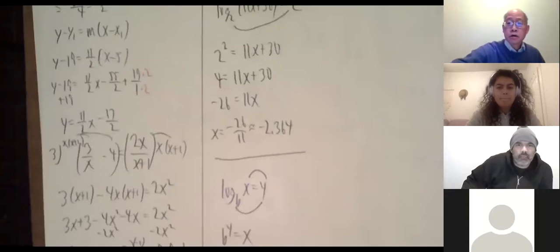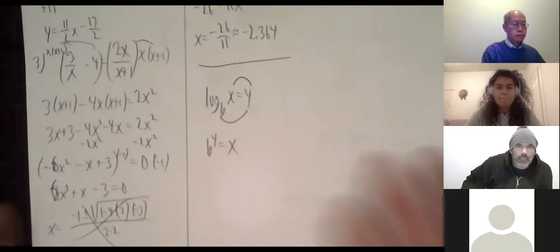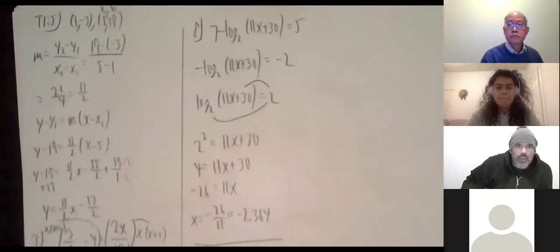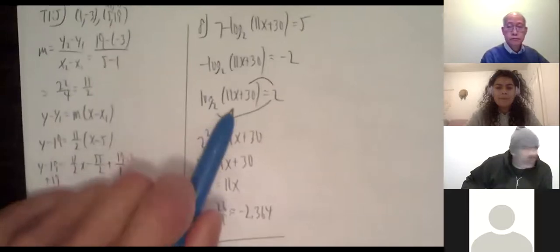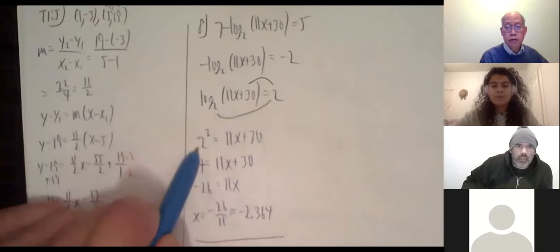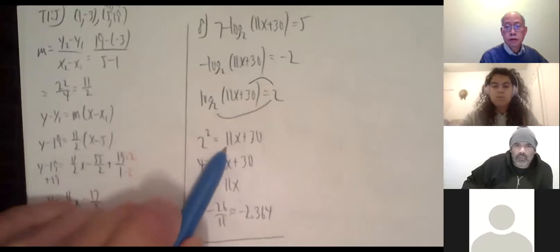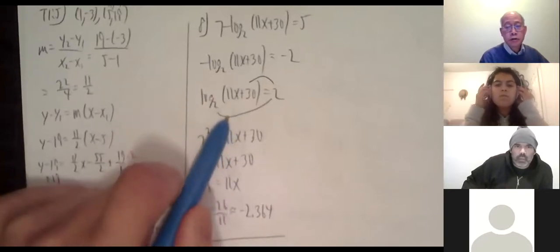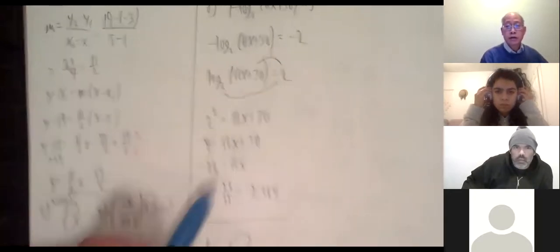Professor. Yes. Okay, in that example there, if you go back up a few steps, where it says log base 2 of parentheses 11x plus 30 equals 2. Now the next step says 2 squared, right? Yes. But since you're now putting the 11x plus 30 on the other side, does that become a negative? It does not become a negative, no. Okay, so this raised to that is equal to this.